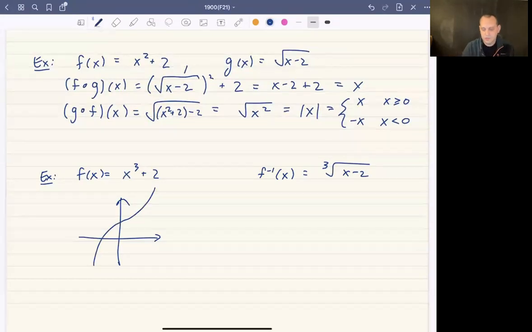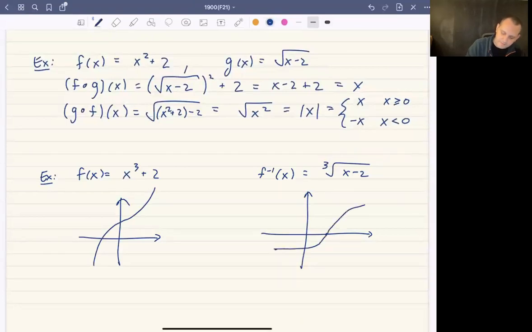It's shifted up 2 units. Everything's fine. And the cube root of x minus 2 is going to look something like this. Okay, so it's going to look like the cube root of x, and then just shifted 2 units to the right. That's what that minus 2 on the inside does there.